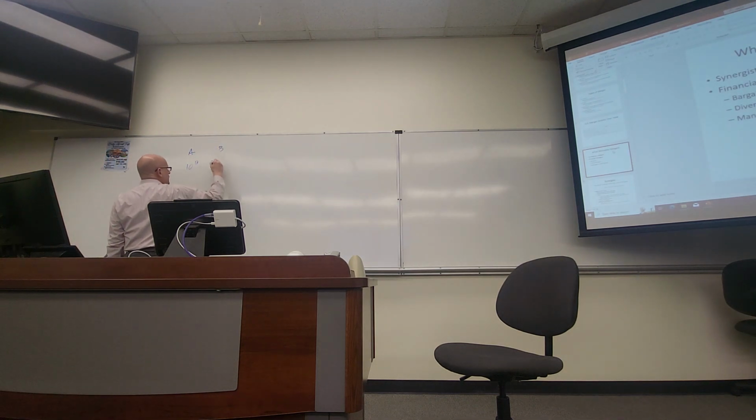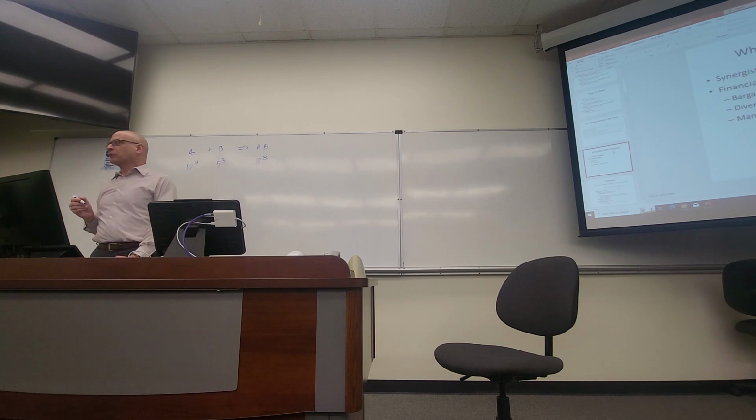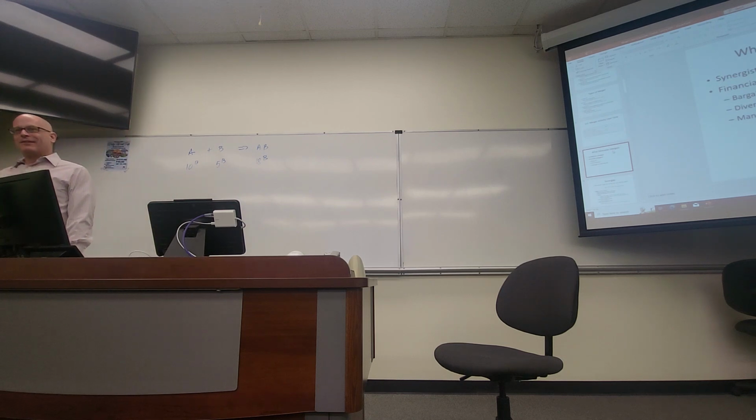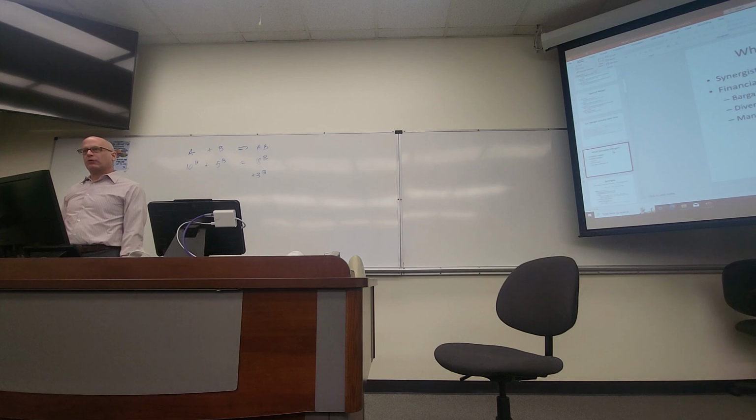Here's company B, it's worth $5 billion. And we added them together and we got company AB, and it's worth $18 billion, right? There's modern math right there. And so you say, what are the synergies here? Well, the synergy must be the extra $3 billion that was derived by putting these two together.